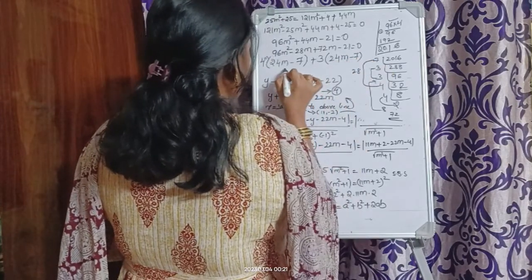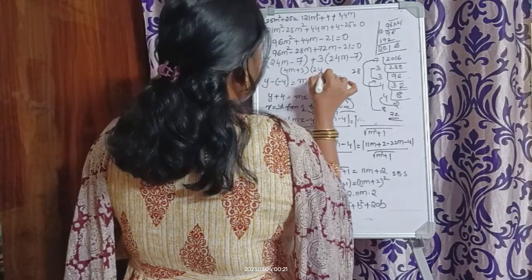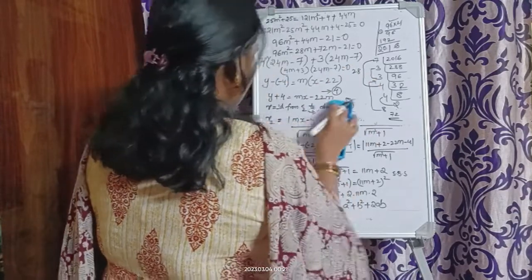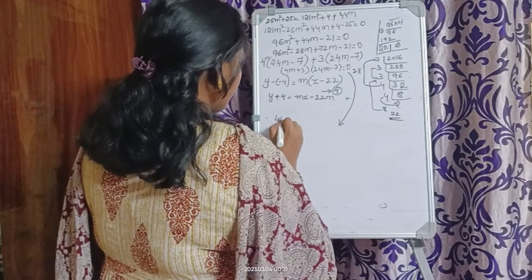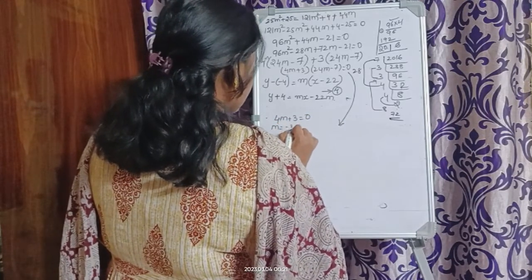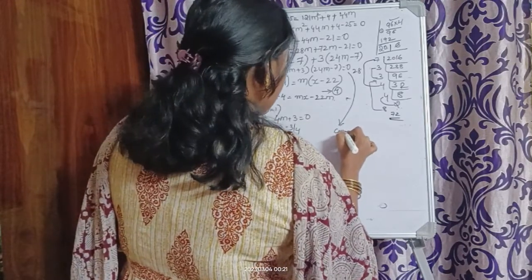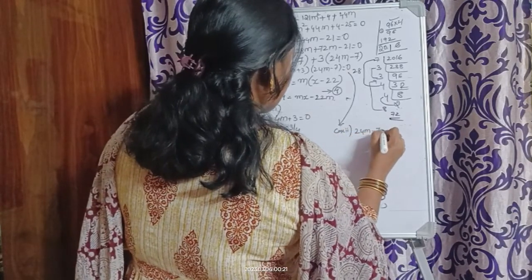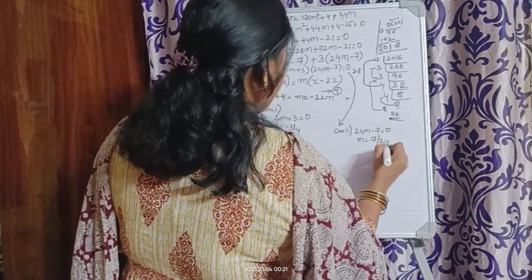So I'll get (4m plus 3) into (24m minus 7). This implies 4m plus 3 is equal to 0, or m is equal to minus 3 by 4. And we get 24m minus 7 is equal to 0, or m is equal to 7 by 24.